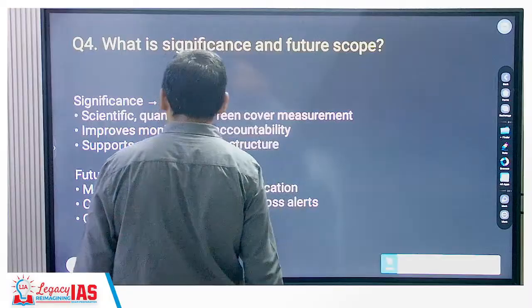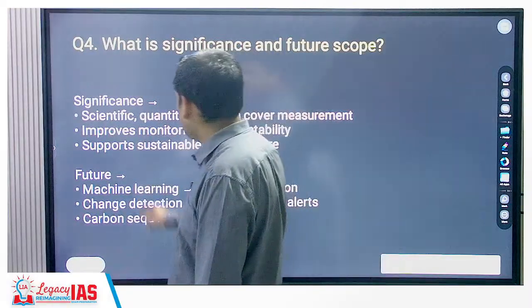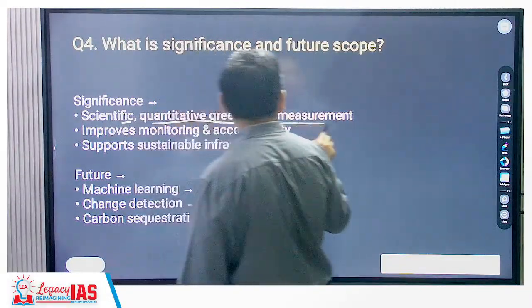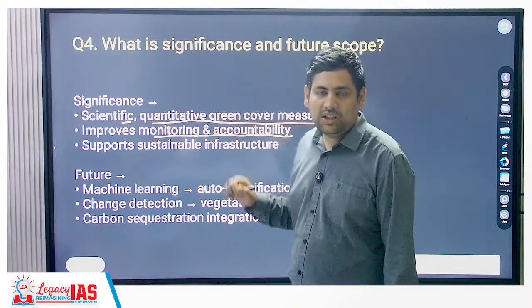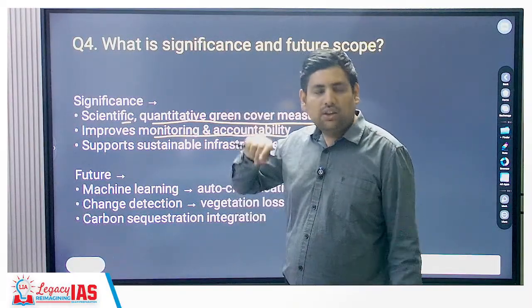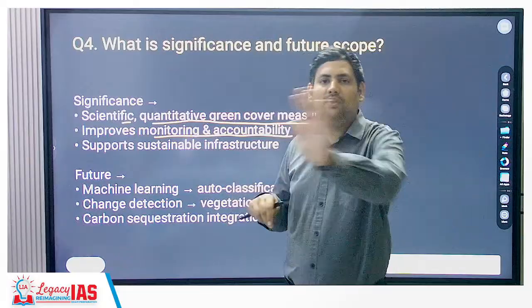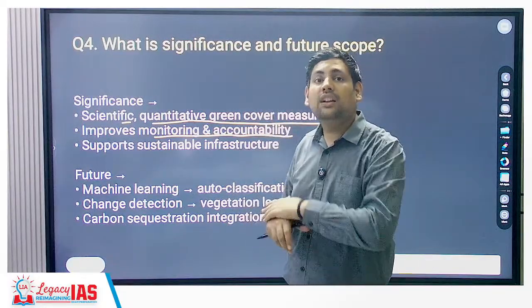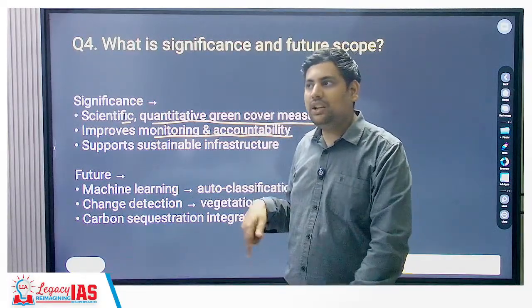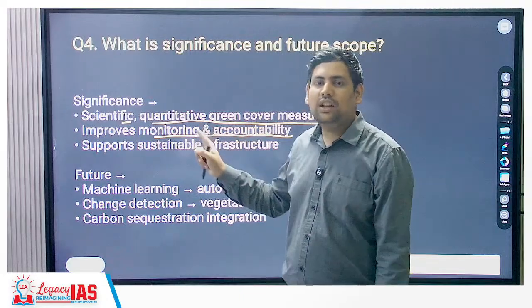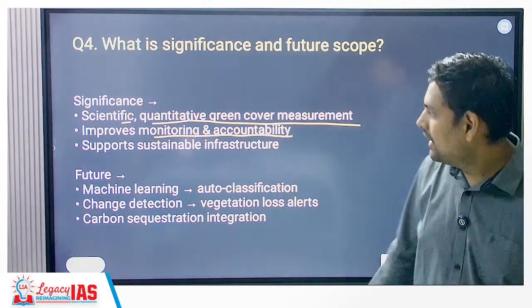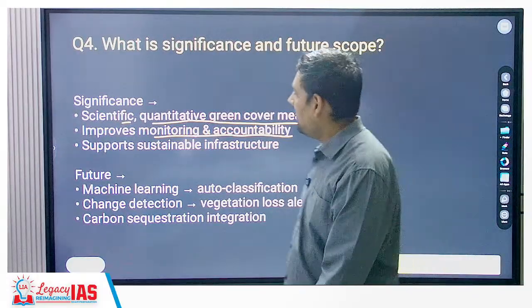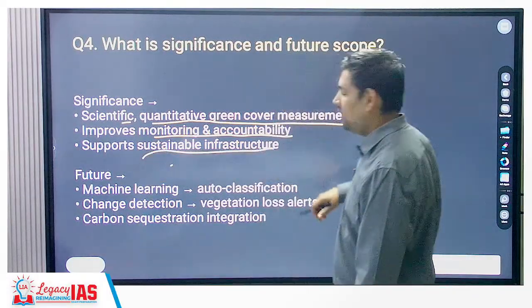Now, what is the significance? So, first is this is scientific quantitative green cover measurement, then improves monitoring and accountability. Now they have marked that this area was covered this much % by the trees. Now, suddenly if it disappears, at least the government and NHAI will get to know. Okay, so this is very important for monitoring and accountability. Supports sustainable infrastructure.